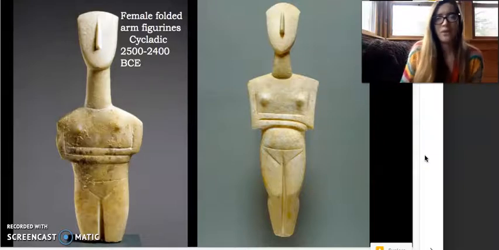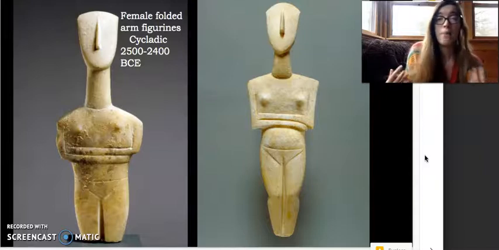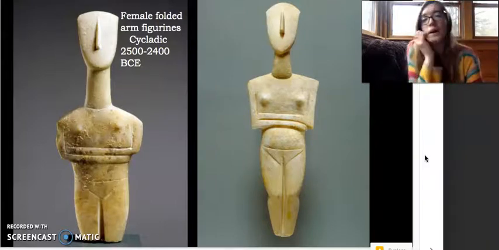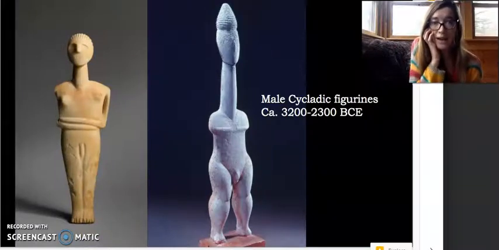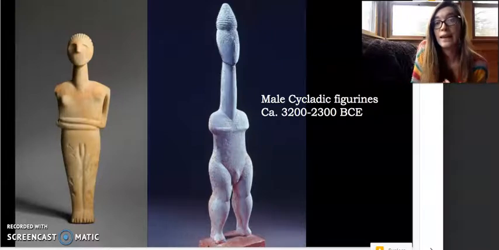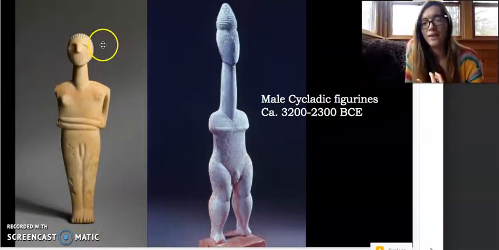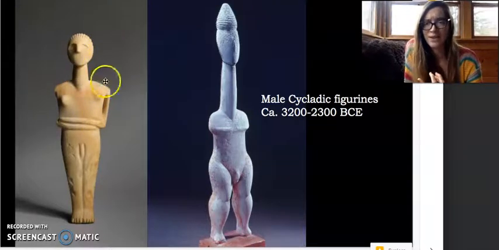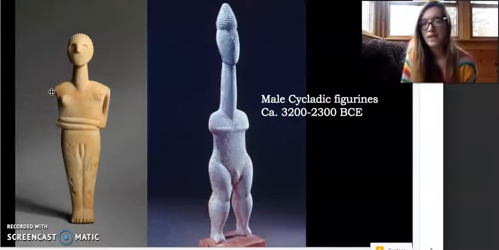And we have that schematic triangular shape that is emphasized here, as well as breasts, of course. Not to leave out our men, we do have some Cycladic figurines that are male, and again, also emphasize really the genitalia of these people. And in this case, this man also seems to have his breasts emphasized.